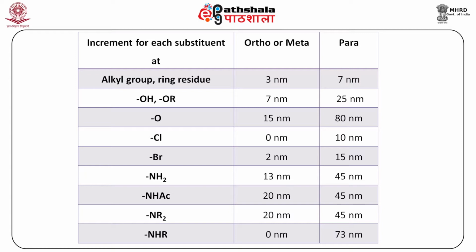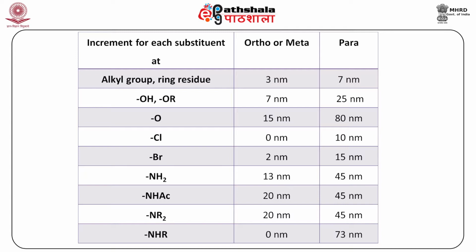If on substituted benzene ring, chloro group is attached, at ortho and meta position, no increment is considered, and if this group is present at para position, an increment of the order of 10 nanometer is observed. For bromo group, an increment of 2 nanometer at ortho or meta position and 15 nanometer at para position.